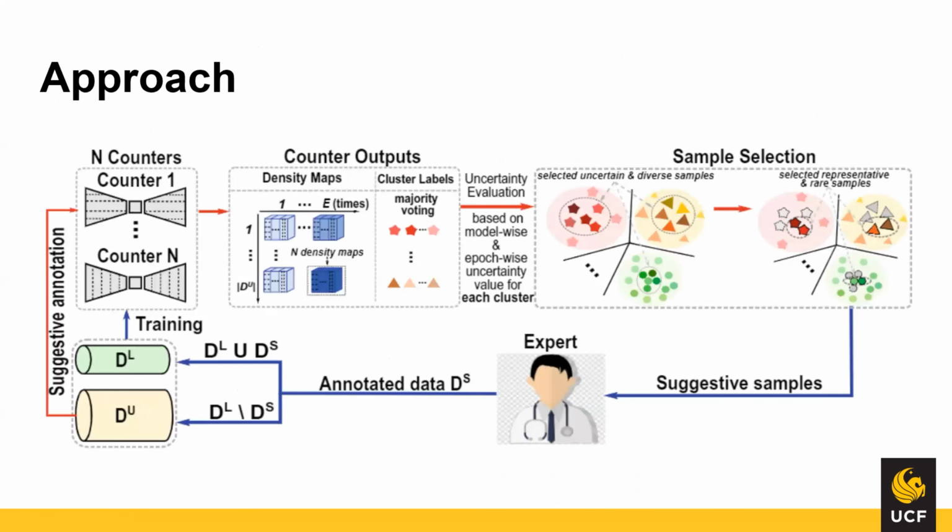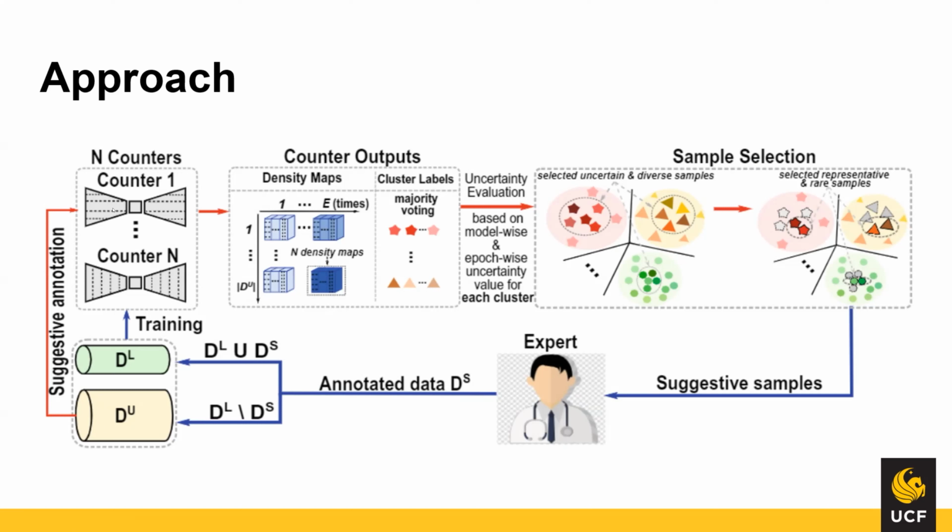So going into the high-level approach for this paper, pretty much these counters are encoders and decoders. These are already trained on the labeled and the unlabeled data. I'll go into that a little bit later. However, the approach starts with feeding the unlabeled data for suggestive annotation into these already trained counters.